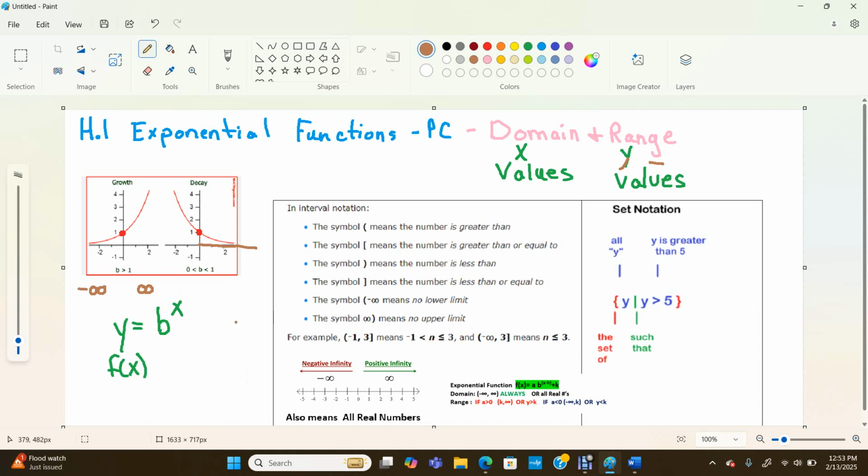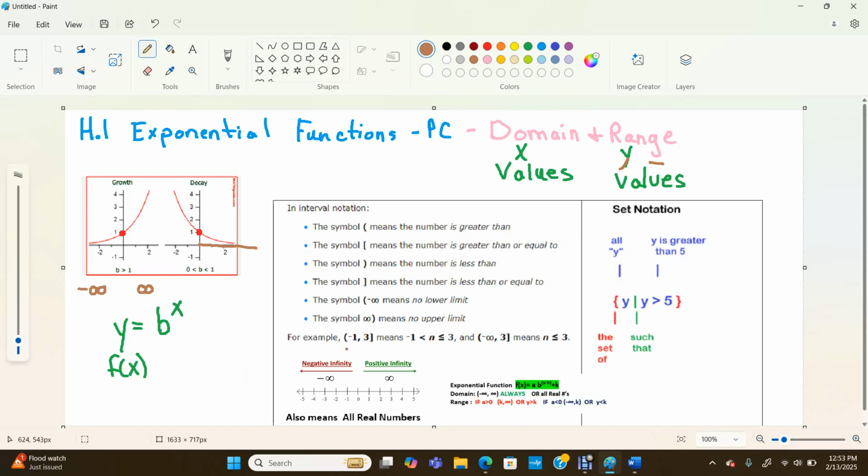Now, another thing that we need to understand is this interval notation that you're going to see. You're going to see the parenthesis here, which means that the domain is going to be greater than whatever value you put in there.